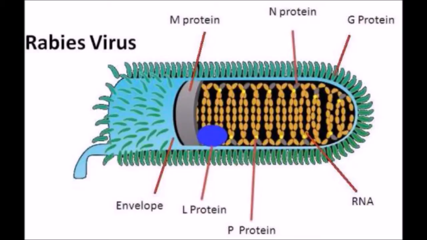As you can see from this picture, the rabies virus is a single-stranded RNA with a negative sense, meaning that the negative-sense RNA is not infectious by itself, as it needs to be transcribed into a positive-sense RNA through replicase enzymes.